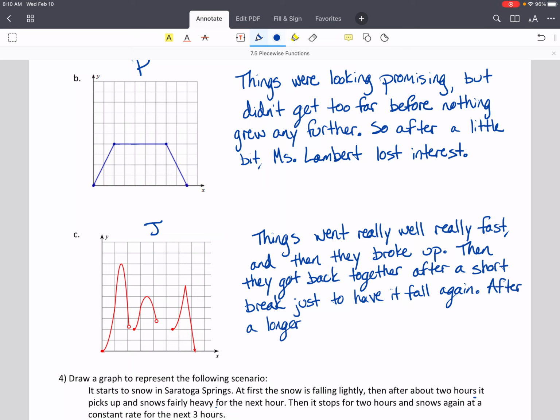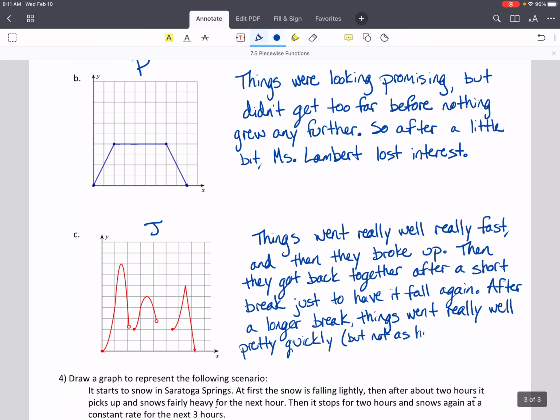After a longer break, things went really well. Pretty quickly. But not as high. Since Lambert was guarded this time.